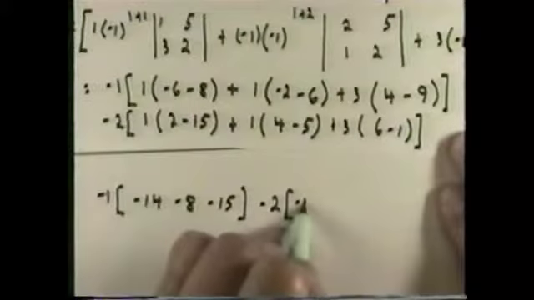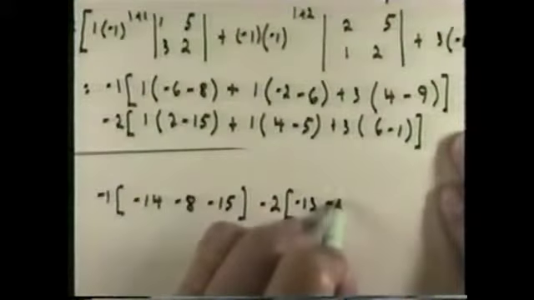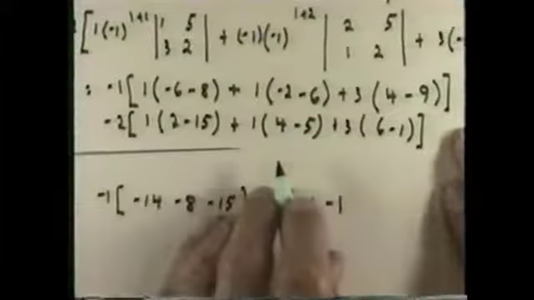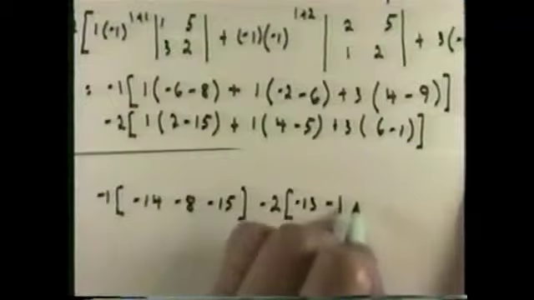Minus 2 times 2 minus 15 is negative 13 times 1 is negative 13. 4 minus 5 is negative 1 times 1 is negative 1. 6 minus 1 is 5 times 3 is 15.